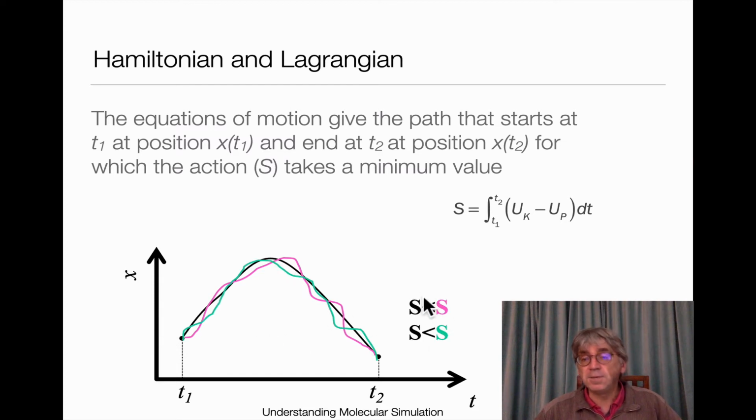The statement is that any trajectory you can think of that does not correspond to the true solution of the equations of motion has a higher action than the action of the true path. You can keep trying to draw all kinds of paths, but as long as you don't have the true path, you will always see that it has a higher value. So it's important to find a path for which the action takes its minimum value.